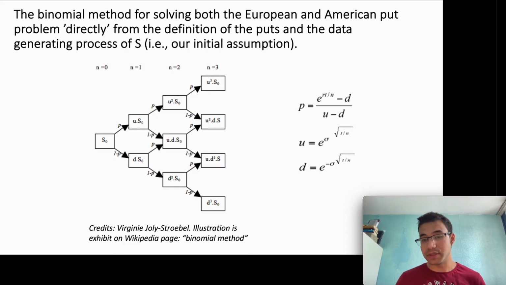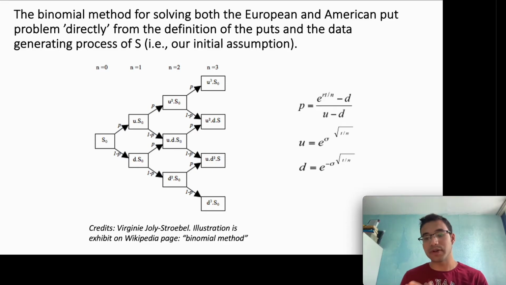So now let's turn to the binomial method. The binomial method utilizes a binomial tree containing stock values at various time steps, and each combination of time step and stock value corresponds to a node in this binomial tree.